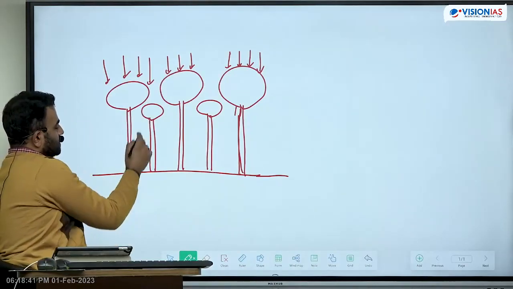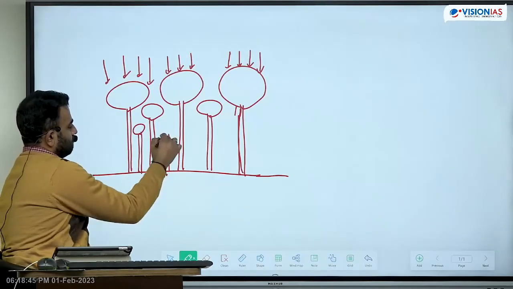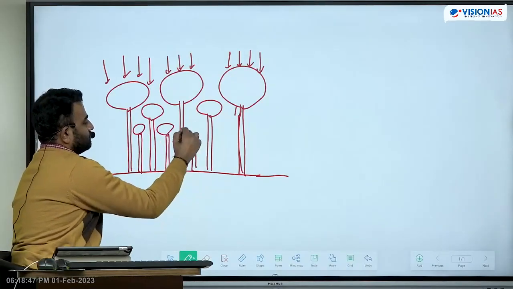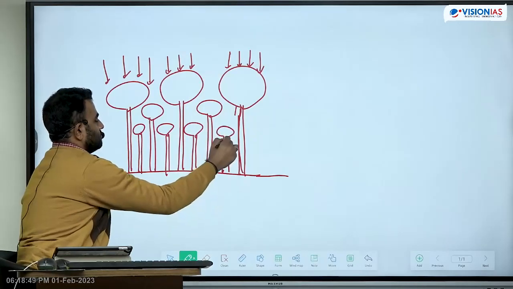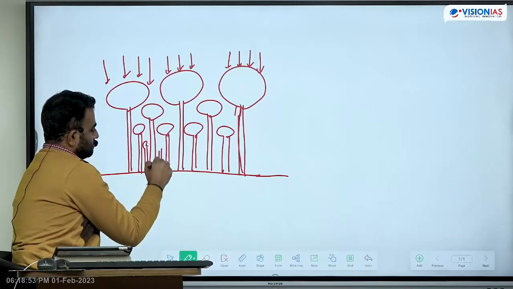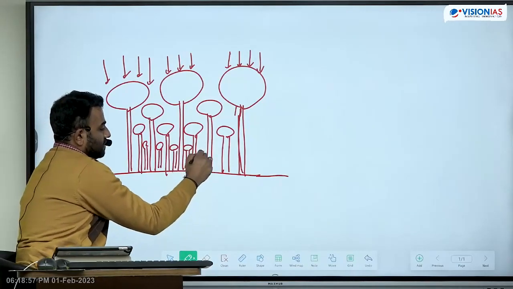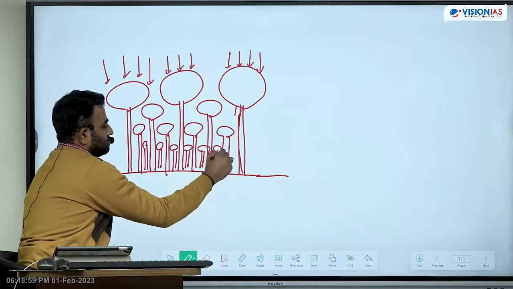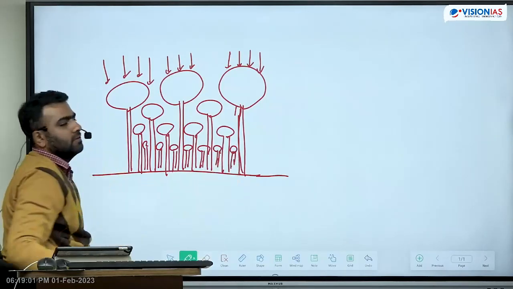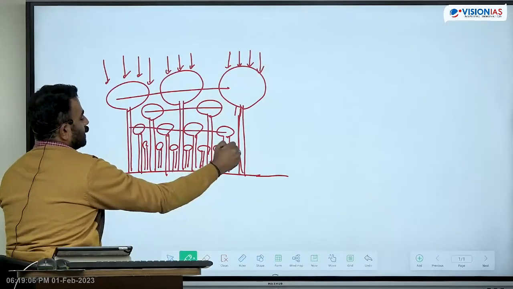In between there is some amount of sunlight, so one more layer will come between these two. Because the trees will grow only in that region wherever there is sunlight. You can see a clear arrangement of layers of trees here.